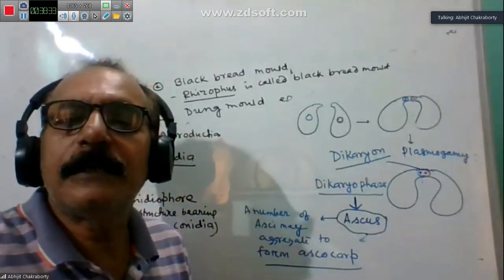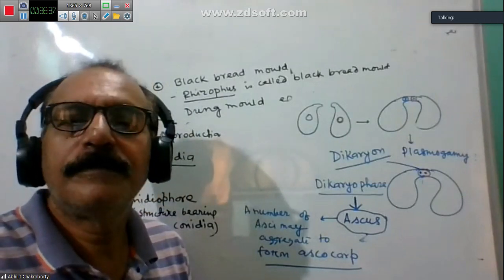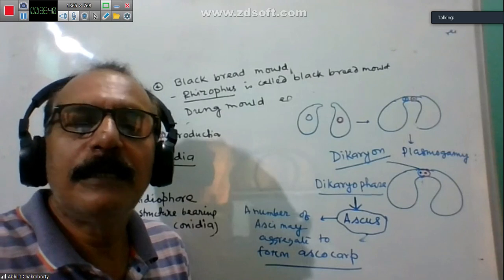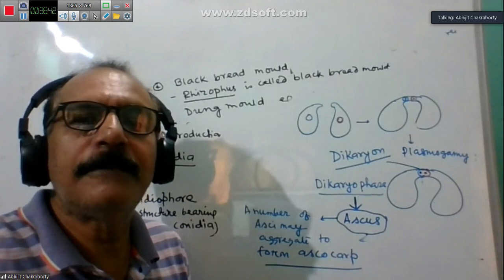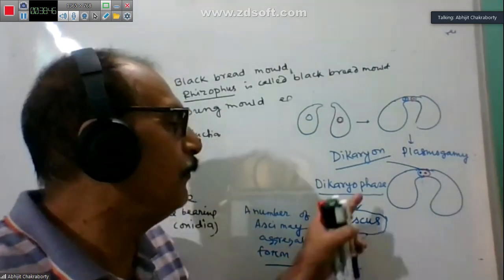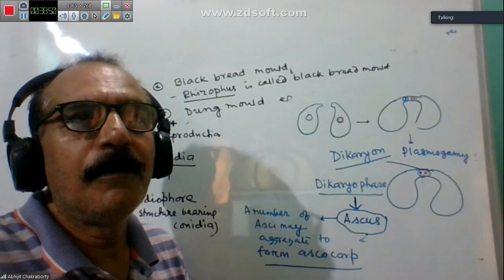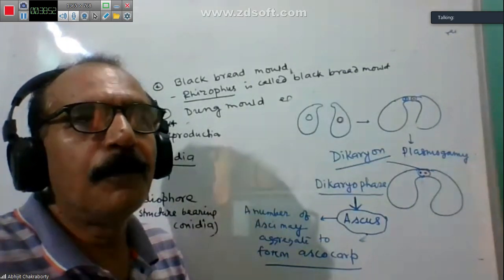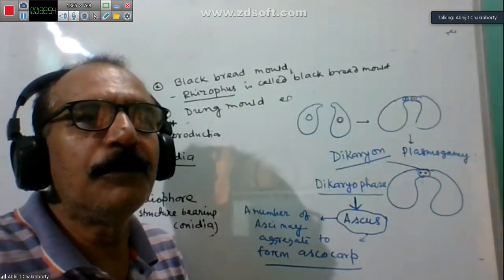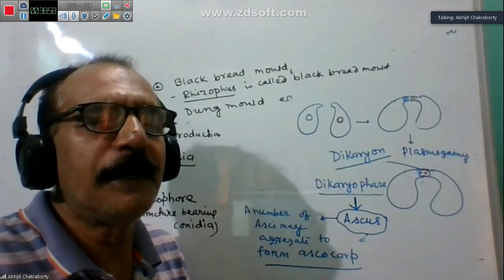As a result, a transitional phase is formed, called dikaryophase, possessing two nuclei from two different parents.